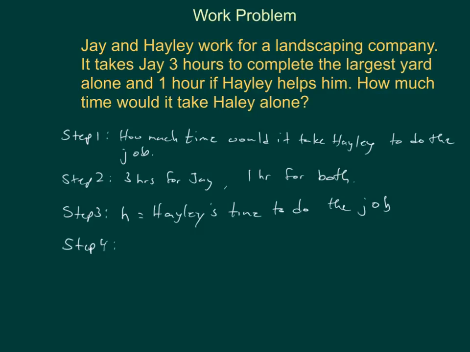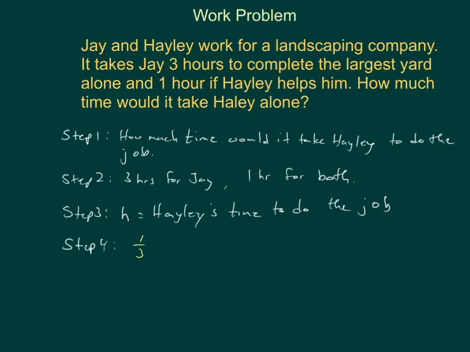Now, step four is coming up with an equation. What we want to do is identify what portion of the job each will get done in 1 hour. When Jay works alone, he does the whole job in 3 hours, so he can do 1/3 of the job in 1 hour.